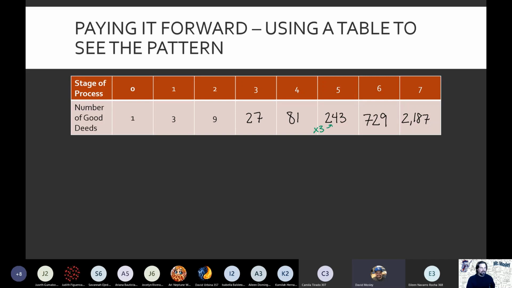That gave me that number. Then we said, okay, 243 times 3, 729. 729 times 3 equals 2,187. Right, so each step along the way, we're multiplying by 3.